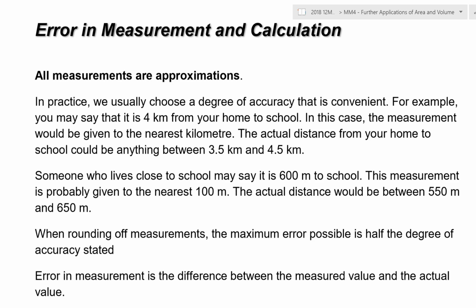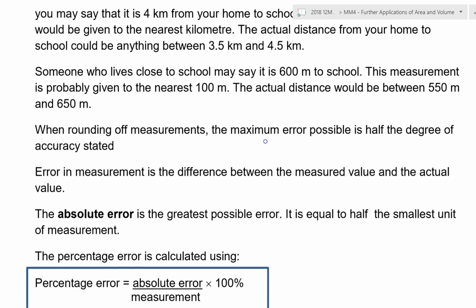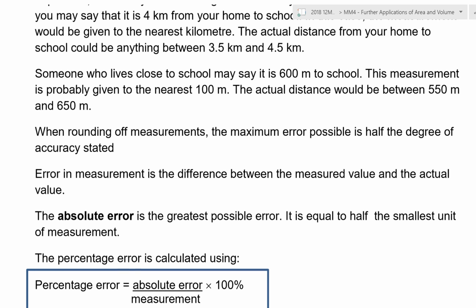Now, we are going to describe this error. We want to quantify it a bit. So you measure something, and I want to say that my measurement is this. However, there is some room for error within this measurement. It's not a perfect measurement. So the first thing that we do is talk about the absolute error. The absolute error is the most by which this measurement could be wrong.